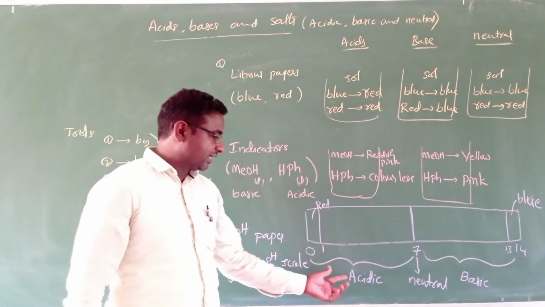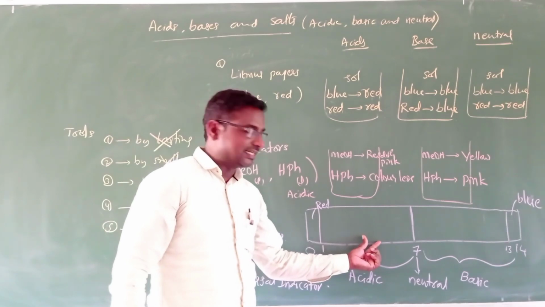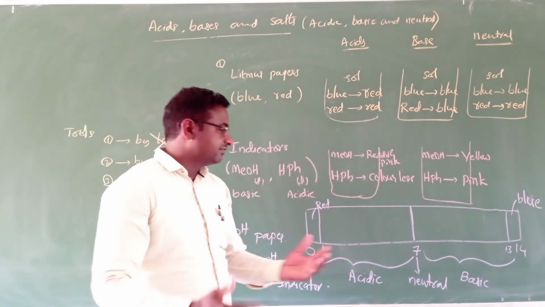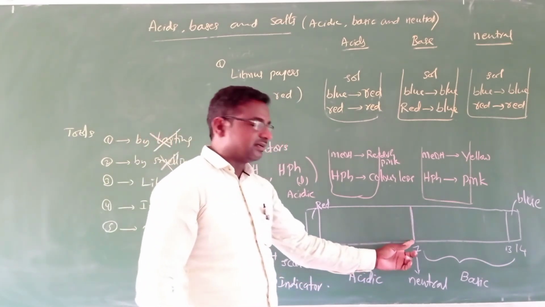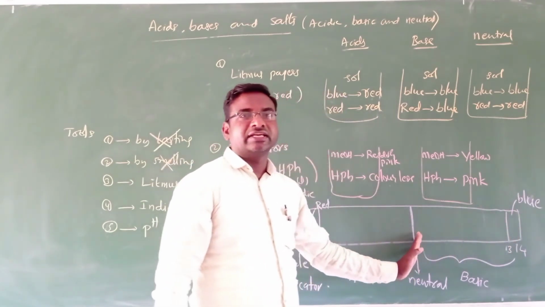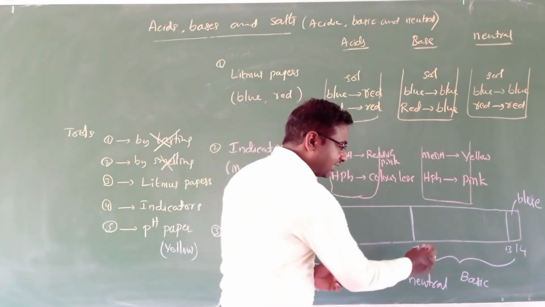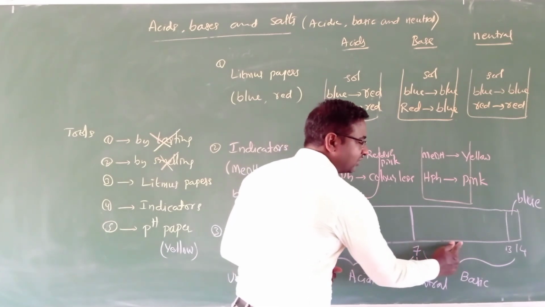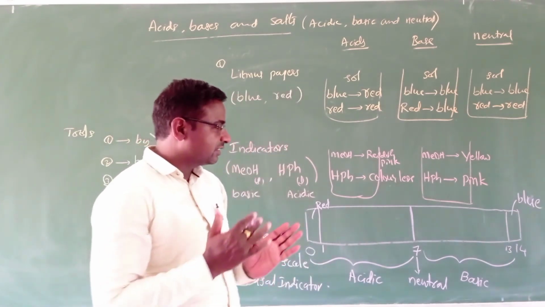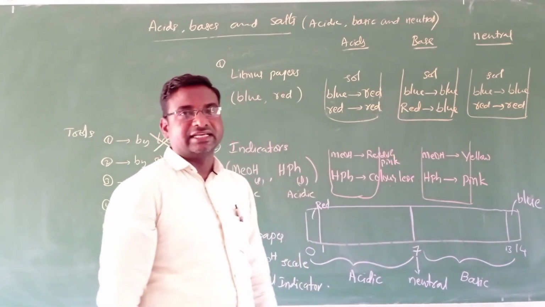When you go from there, the acidic strength decreases. Now here, weak acid means 5, 6 or 7. Again, if the pH value is exactly 7, that is neutral. From 7 to 14, the pH value slowly increases. Now here is weak base, and slowly the basic nature increases, and here is strong base. When the pH value is 12, 13, 14, the solution is called strongly basic in nature.